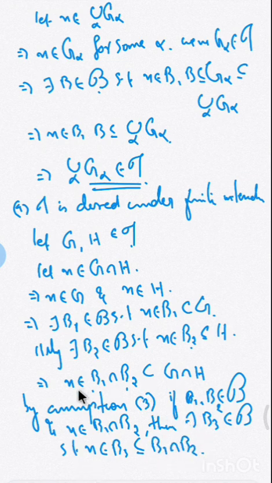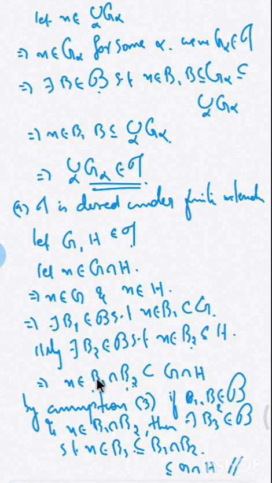So here I am going to use this assumption now. We have B1 and B2 are elements in script B and X is an element in B1 intersection B2. So therefore by this assumption we will get some B3 in script B again such that X belongs to B3 and B3 is contained in B1 intersection B2, and this B1 intersection B2 is clearly contained in G intersection H. Okay.